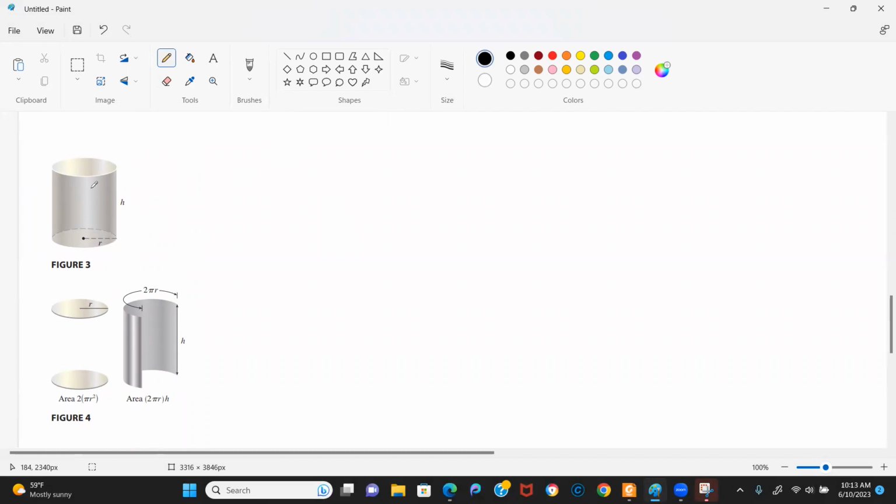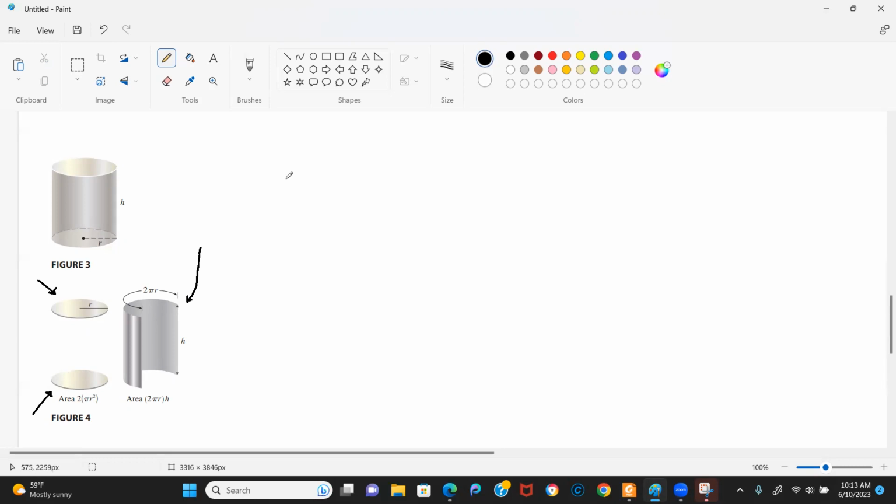We can break this can up into pieces and factor in all the surface area. The surface area is going to give you the amount of material you need. The top and the bottom are these discs, and the side can be unraveled, so basically you have a rectangle.